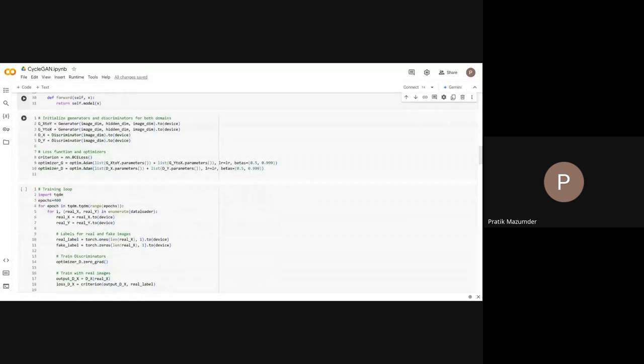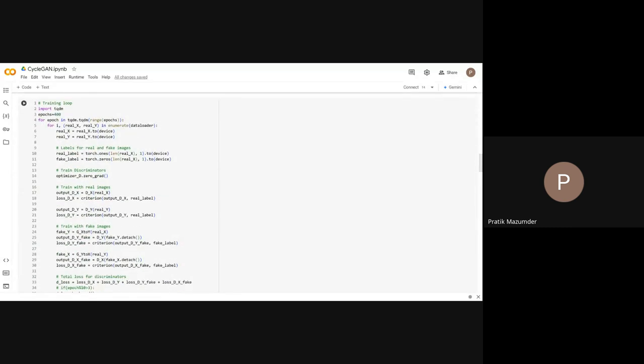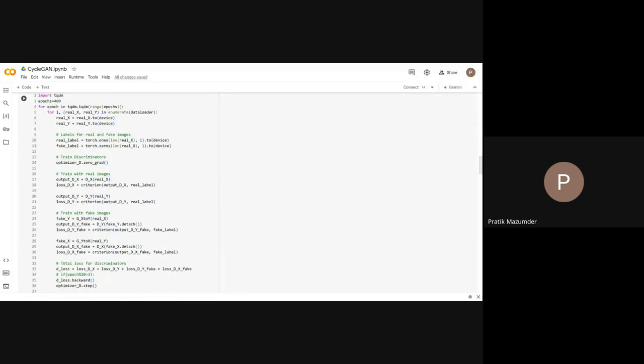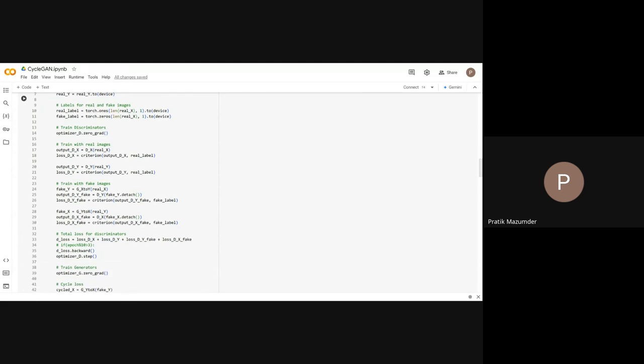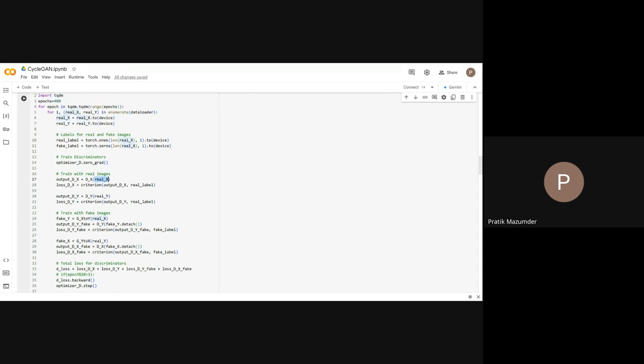Then when you move to training this setup, you will have to calculate your GAN losses for both the GANs, but you'll also have to include a cycle consistency loss. If you look at the first case where you're taking real X images, so you have two domains, X and Y. You take real X images, and your discriminator for X should be able to identify that. For discriminator Y, you take the real Y images, and your discriminator should be able to identify those.